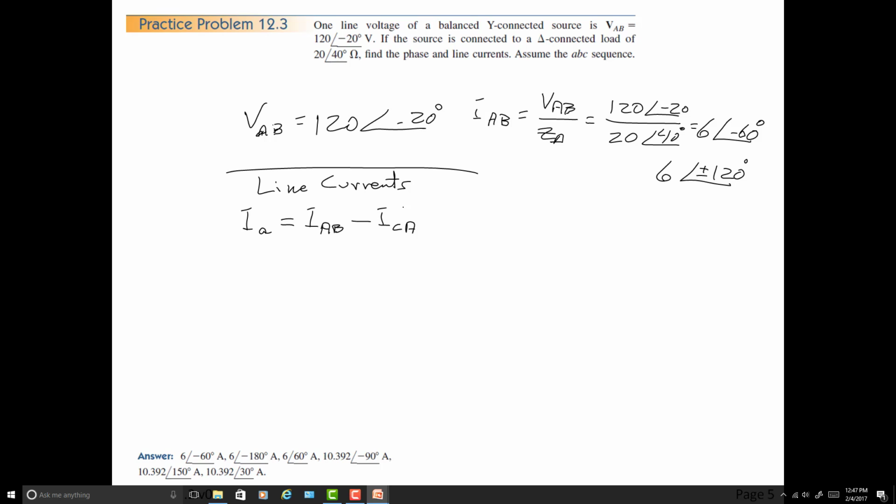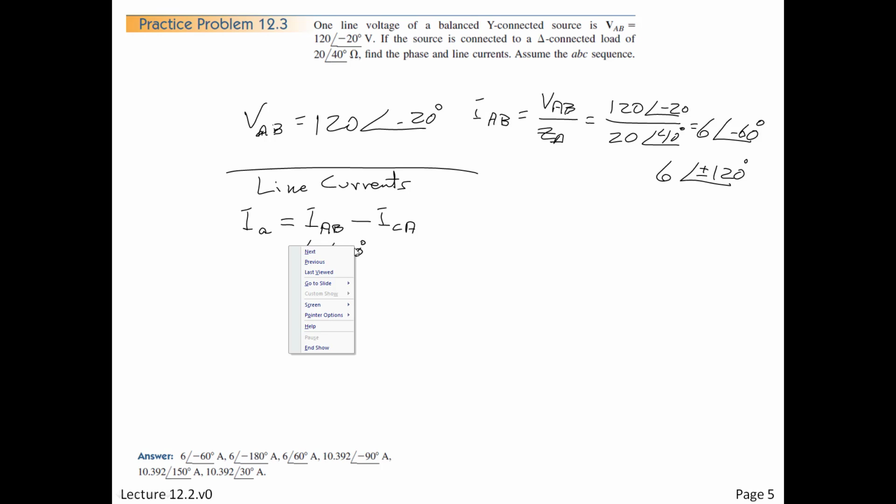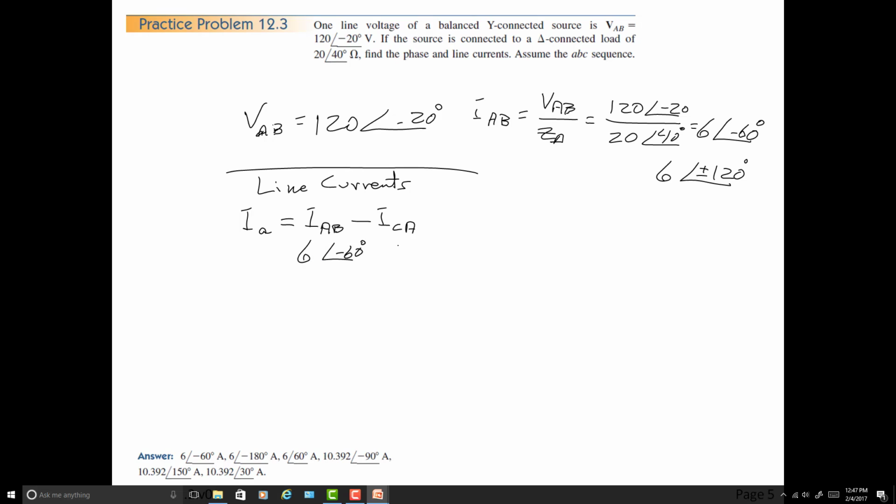So what we really need to recognize here is which ones are which. Well, we have IAB. This is 6 at minus 60 degrees, right? We have that. And we need ICA, right? This one is going to be, whoops, our pointer here, come on. This one is going to be ICA is 6 at, what was it? Minus 180. Minus 180 degrees.